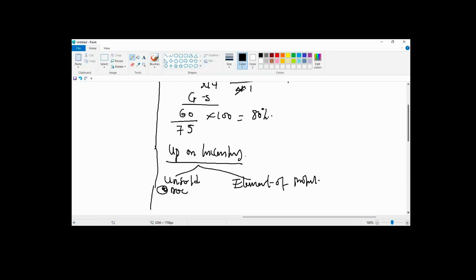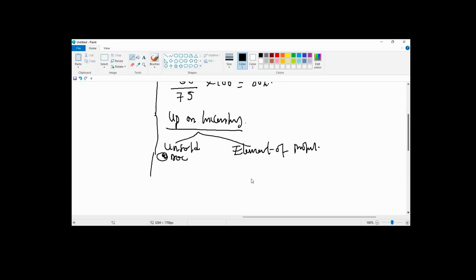We said, how do I know there's element of profit? We have margin, markup, and the last one, the formula. Margin is on sales, while markup is on cost.